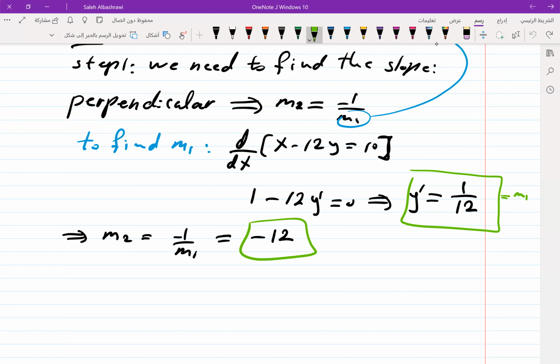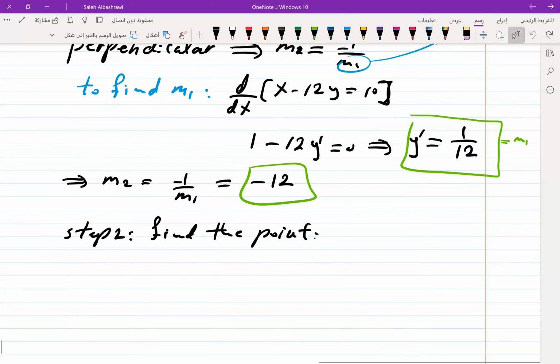What to do with this one? Because in the question you were not given the slope, you were not given the point. Now we are going to use the slope, which is m2, to find the point at which we will have a tangent line. So step number 2, find the point of tangency.